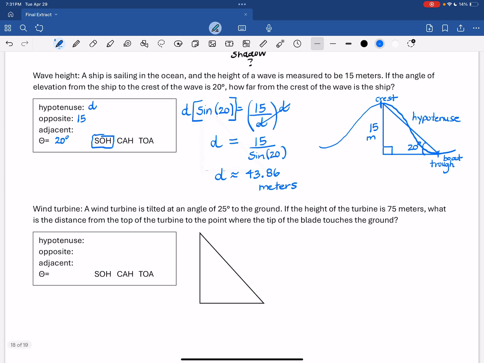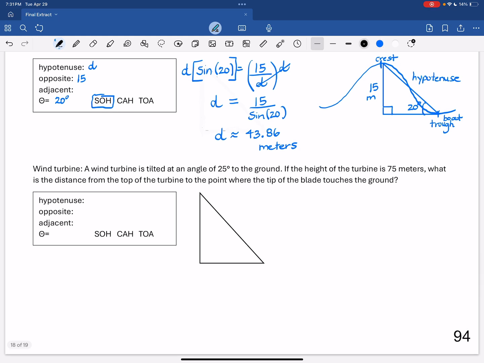All right, last one. A wind turbine is tilted at an angle of 25 degrees to the ground.